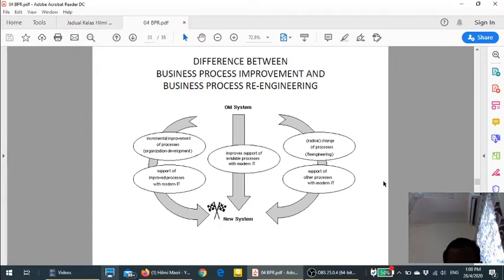So some of the differences between business process improvement and business process re-engineering. For the old system, we conduct some radical changes, because radical changes, if they are very good changes, even though they are against the tradition, even though they are against the culture, but they are very beneficial, then we can try to adopt them into the new system.